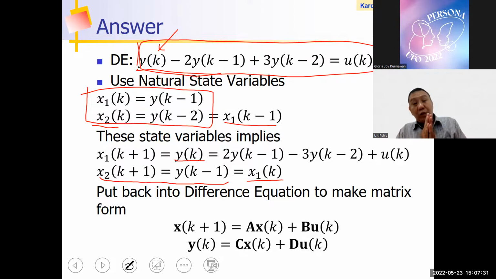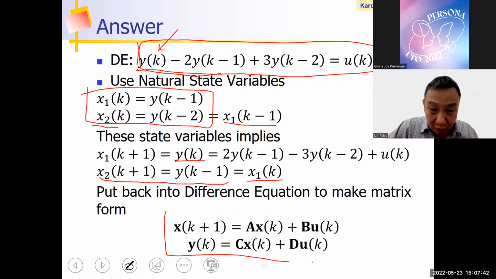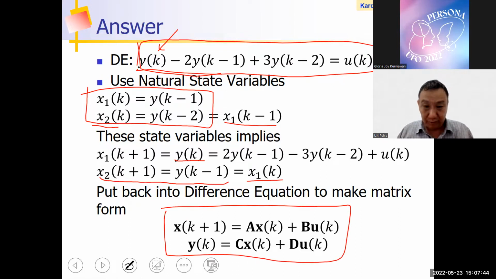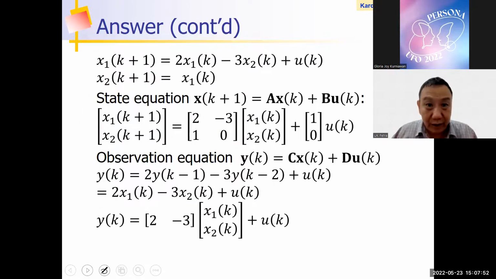So what you will do is to arrange this, so that the form is something like this. Look at this slide and then look at the next slide, how I arrange.